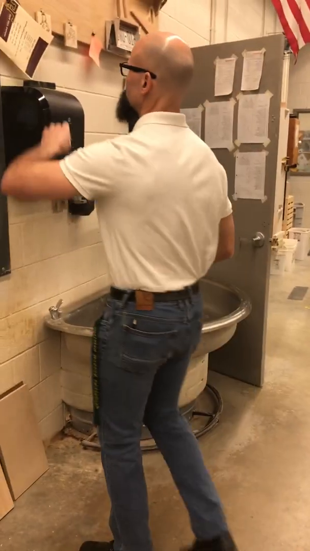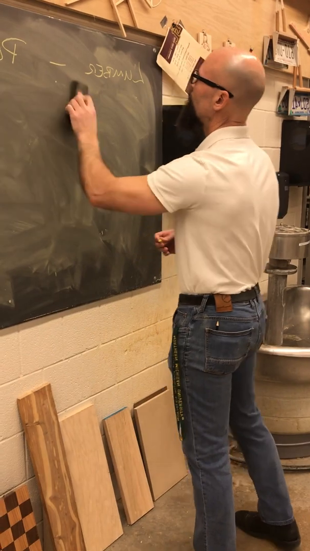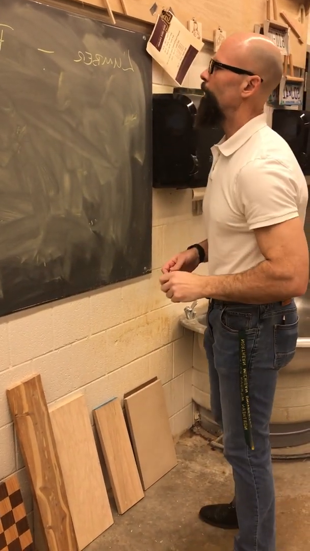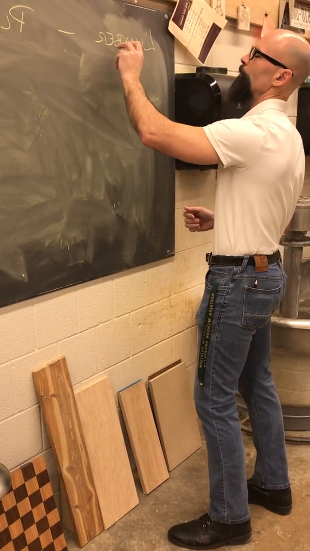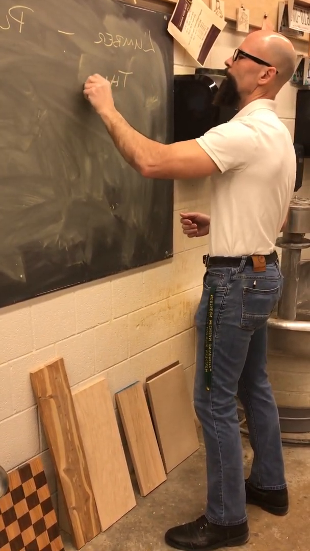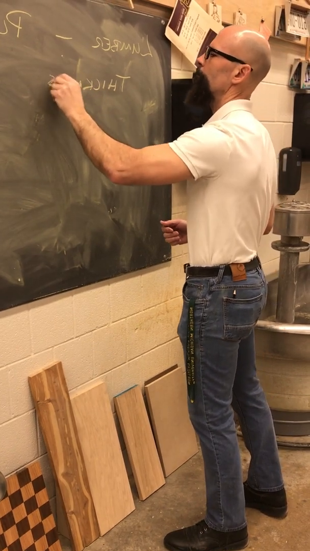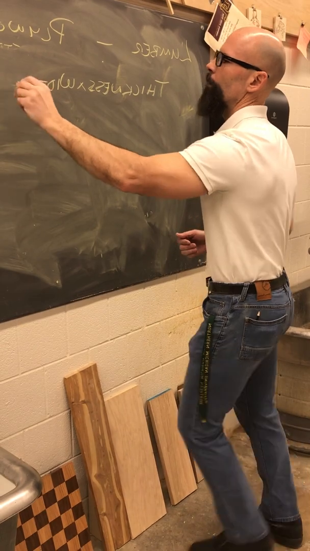Measuring a board, also very important. We're going to need this for our bill of material list and building of a project. Anytime we measure a piece of lumber or plywood, we always measure thickness by width by length.